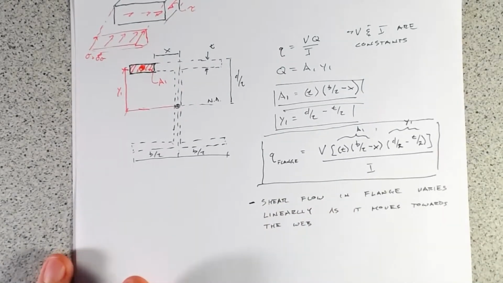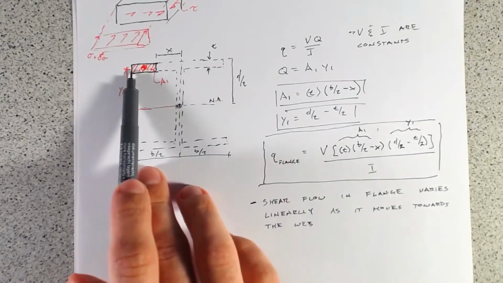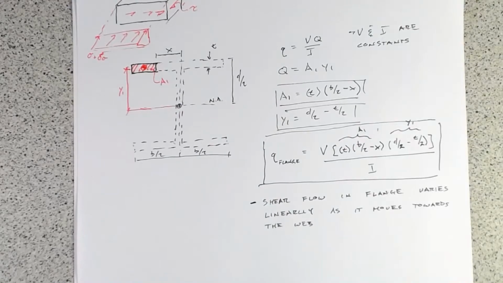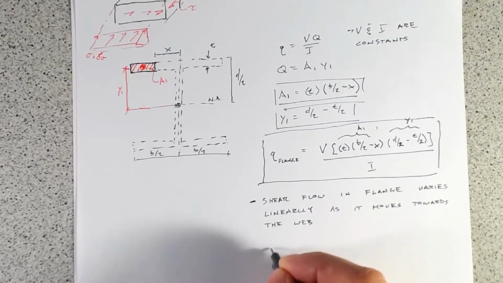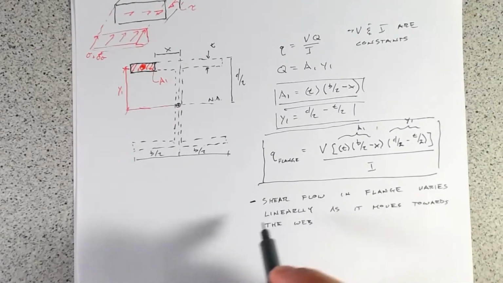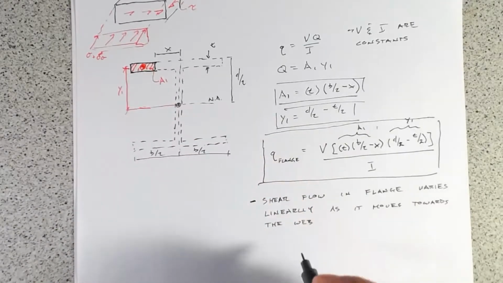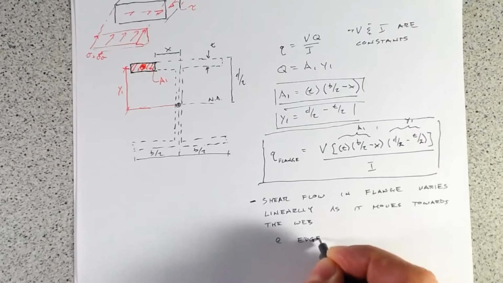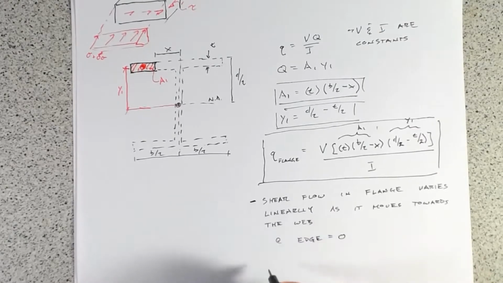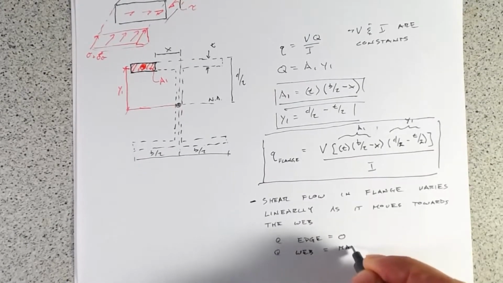And again, just sort of knowing what we know about our rules, we know at the edge we've got no shear stress. So our shear flow, or how it changes with distance from the edge, at the edge equals 0, and then at the web equals its maximum.